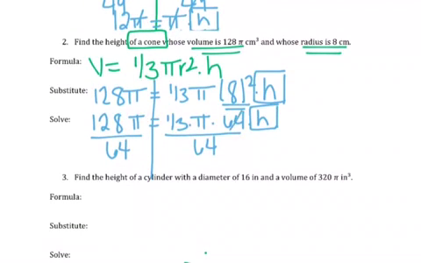On this side, I'm left with 1/3 pi times the height is equal to 128 divided by 64, and I get 2. I still have this pi here, so 2 pi is equal to 1/3 pi times the height.